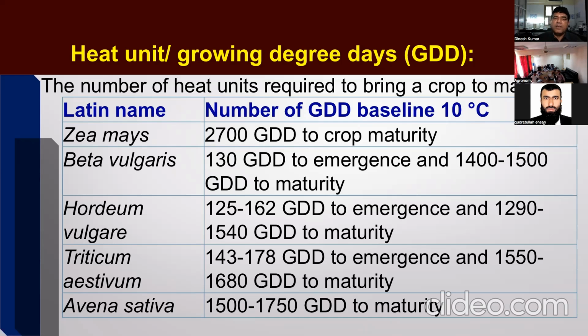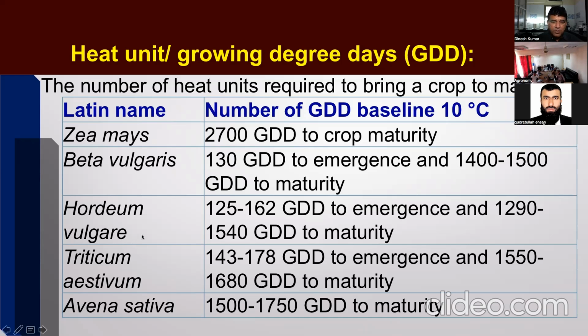If every day the maize plant is getting lower temperature, then its duration will increase. If the maize plant is getting relatively high temperature every day, then its duration will be less. But the amount of heat required or accumulated under both conditions has to be the same. That is the growing degree day concept.